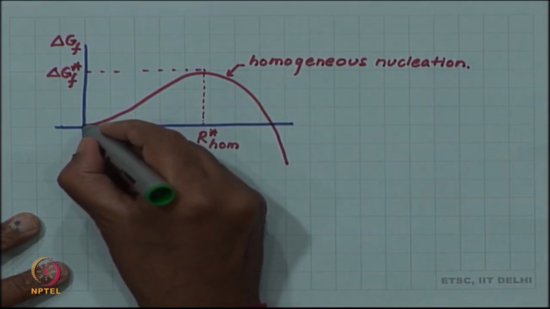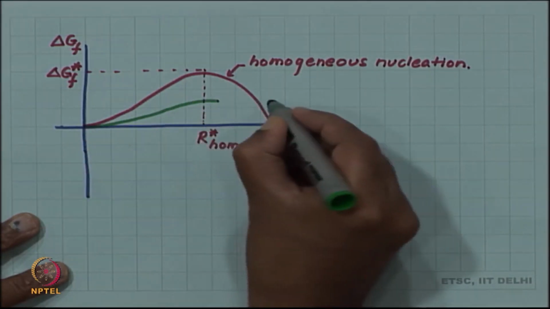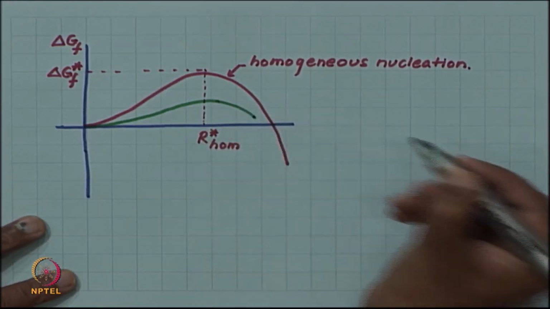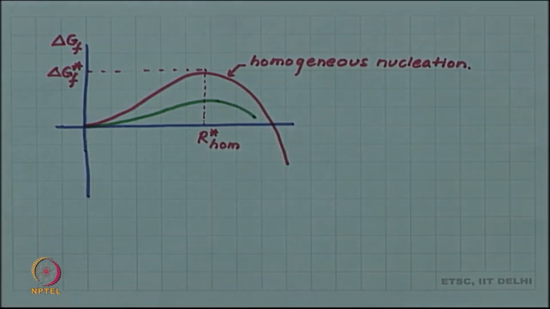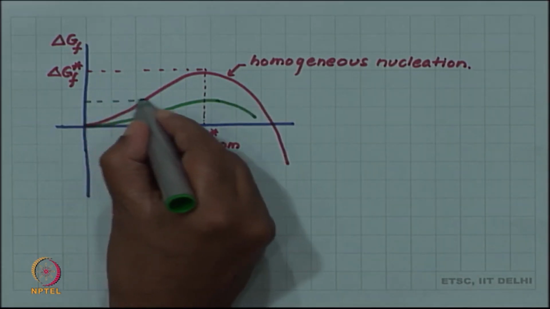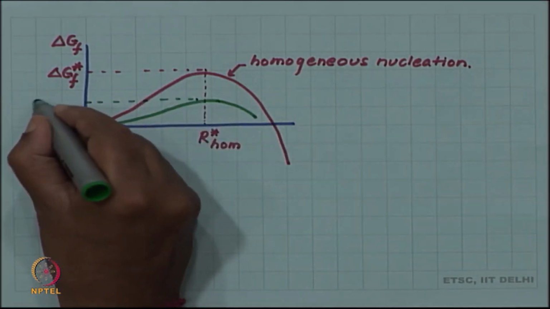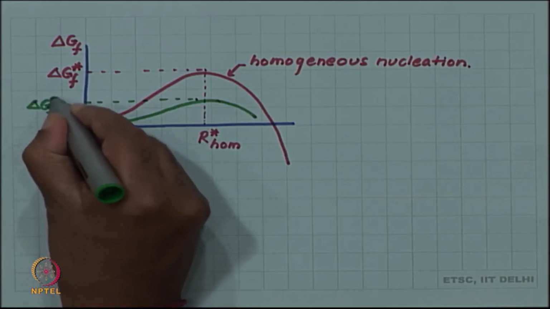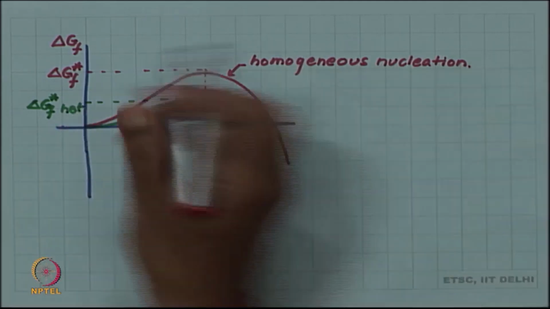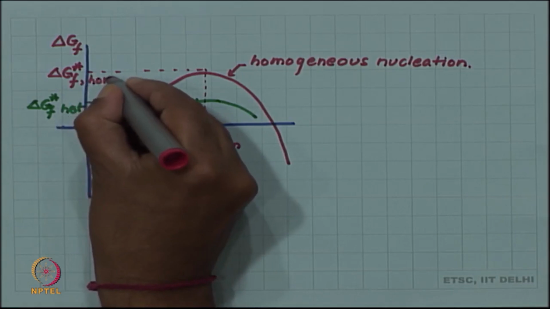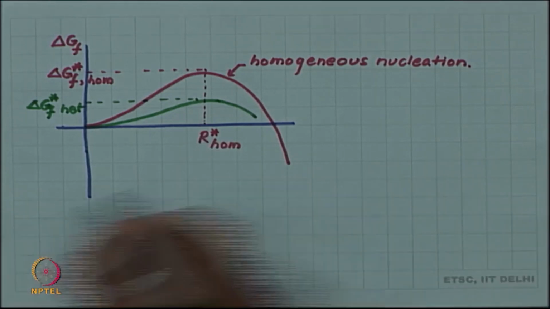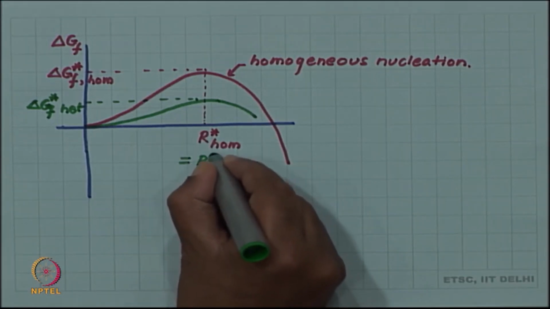So, for heterogeneous nucleation also we will get the maximum at the same value of r, while delta G F star is lower than for homogeneous.